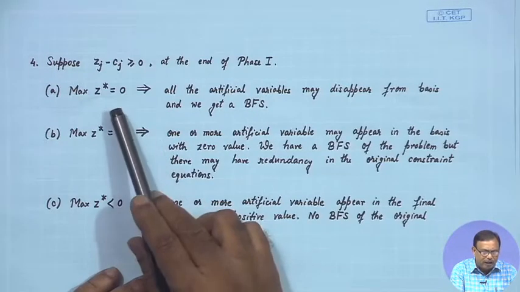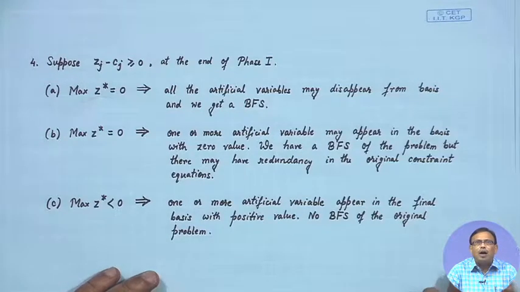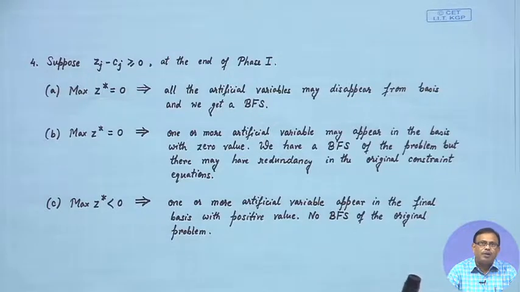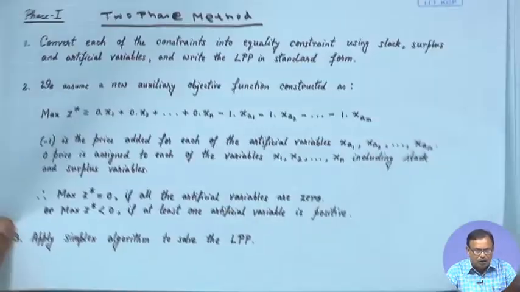Now, whenever maximum of z star equals 0, it means that all artificial variables may disappear from basis, because it will be 0 only when the value of the artificial variables are 0.